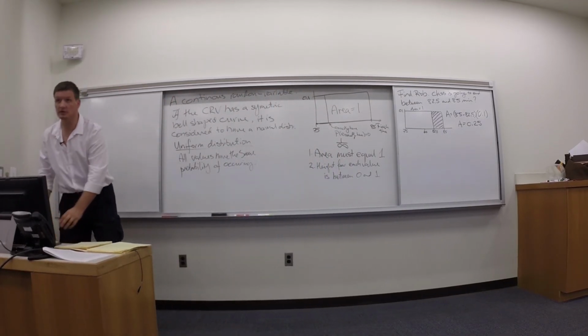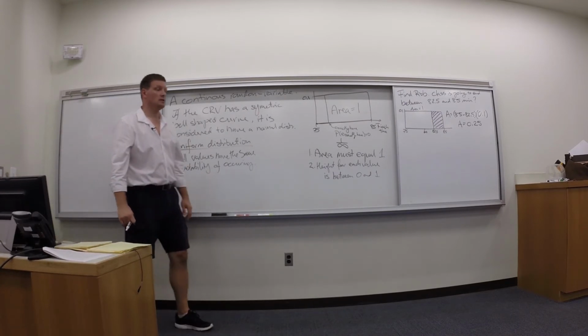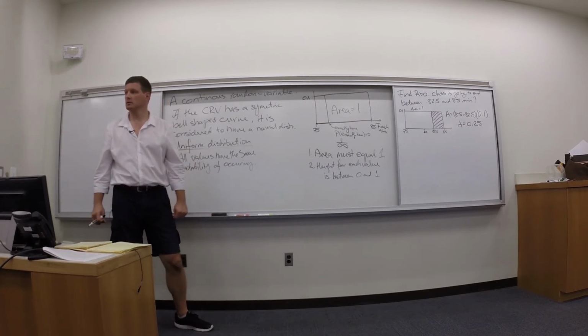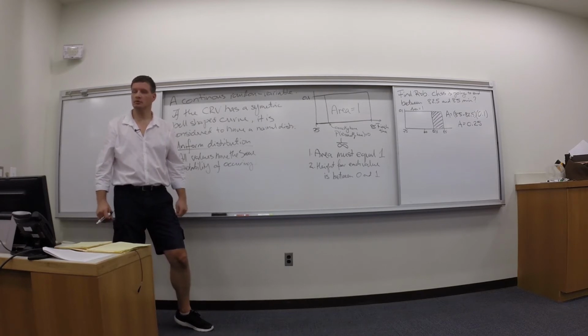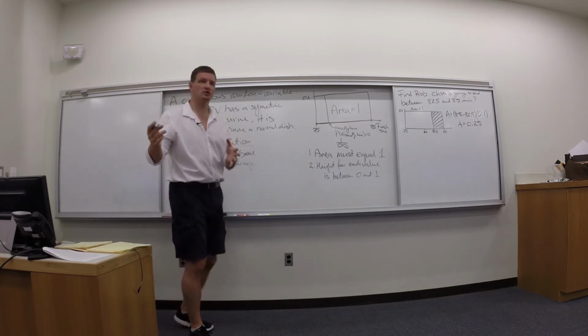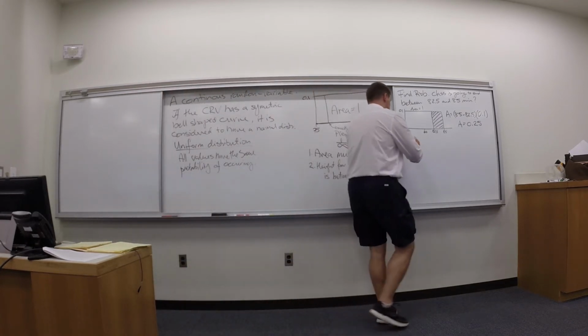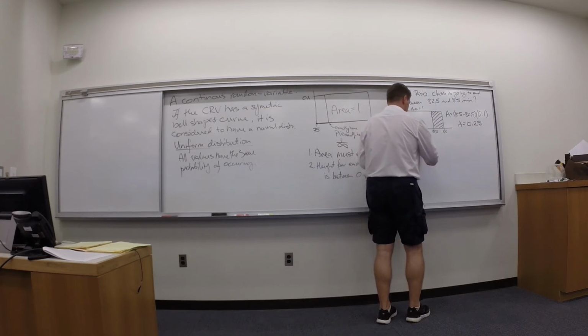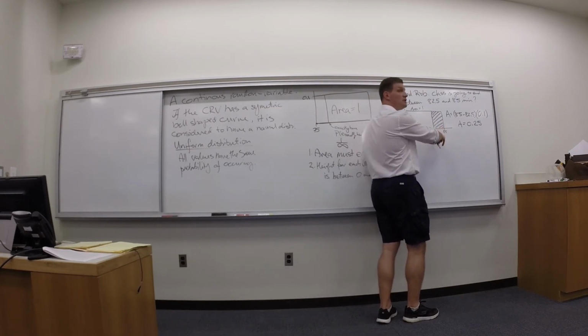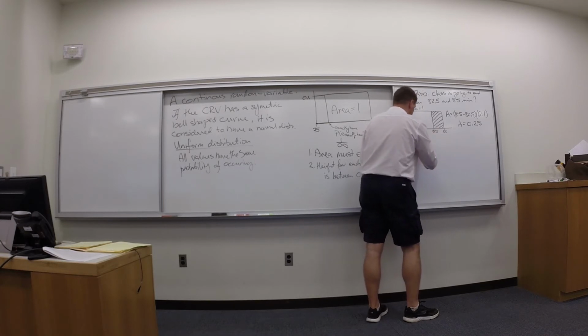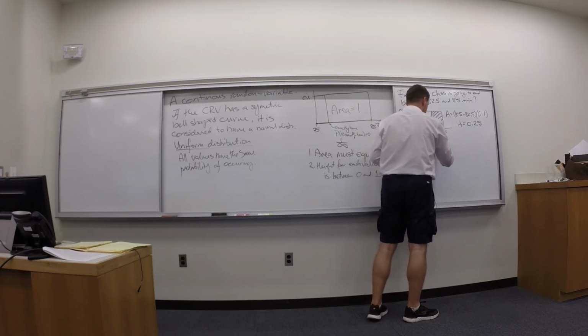The area of that rectangle is 0.25, which means that if area is equated to probability, the probability of finishing the class between 82.5 and 85 minutes is 25%.